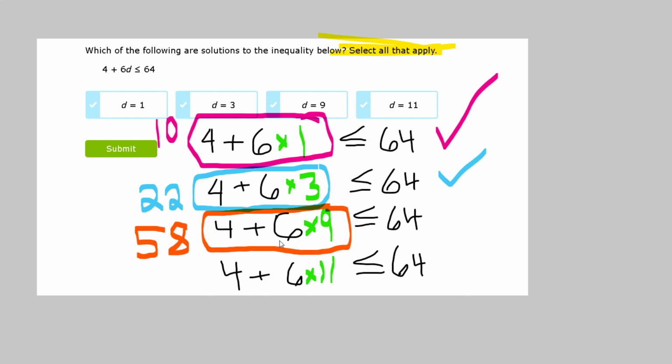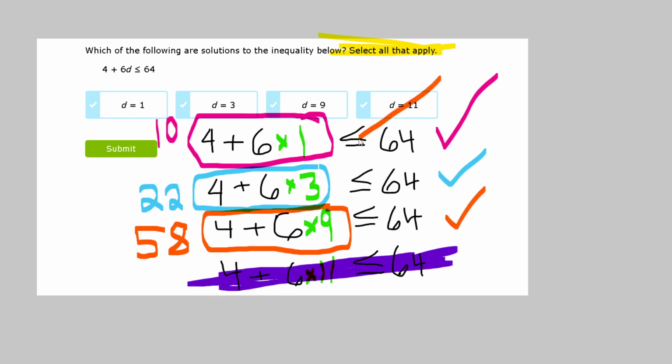So we know that times 10 would work, but anything bigger will not. So you actually don't need to plug in this last one. If you want to, you can, but we're just going to use logic to cancel that out. Save some time. So this means that all these first 3 choices work, but not this one.